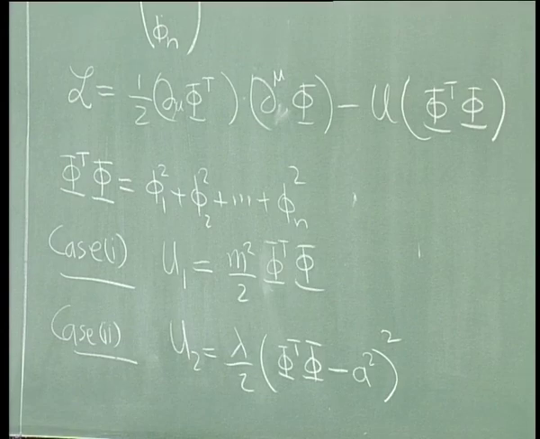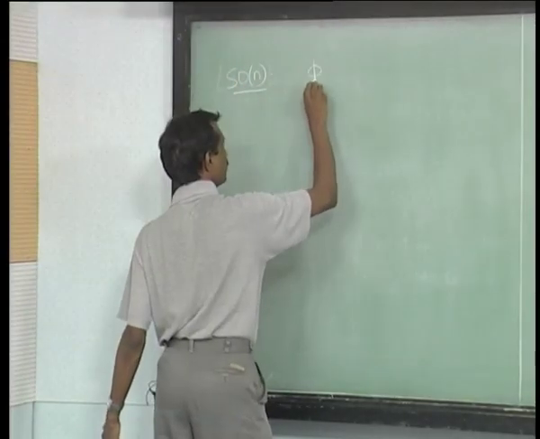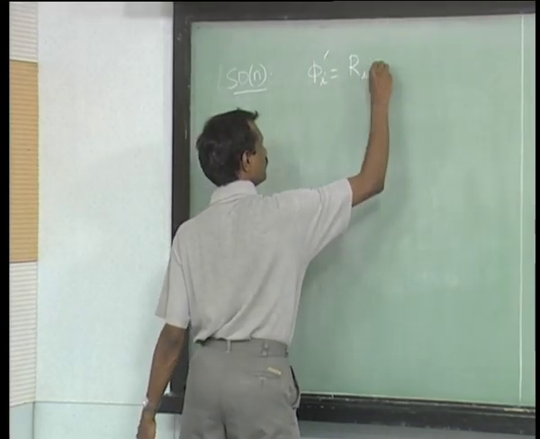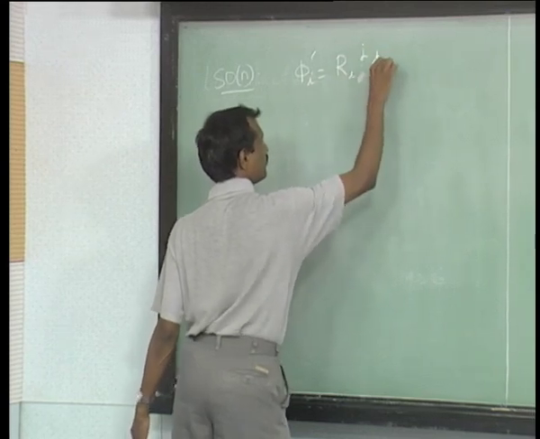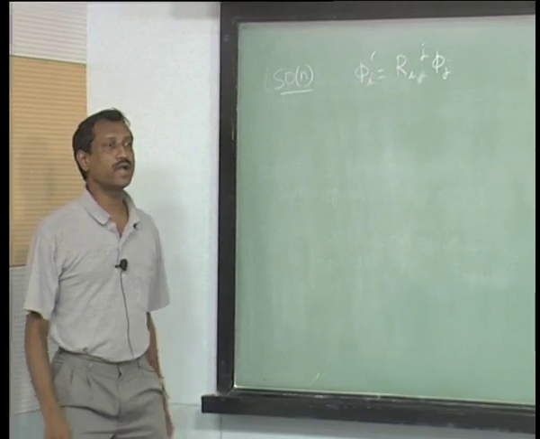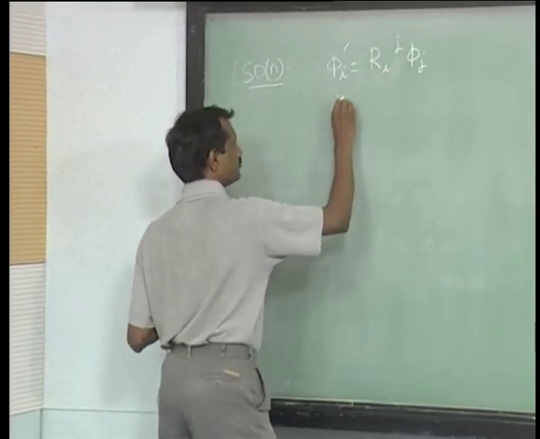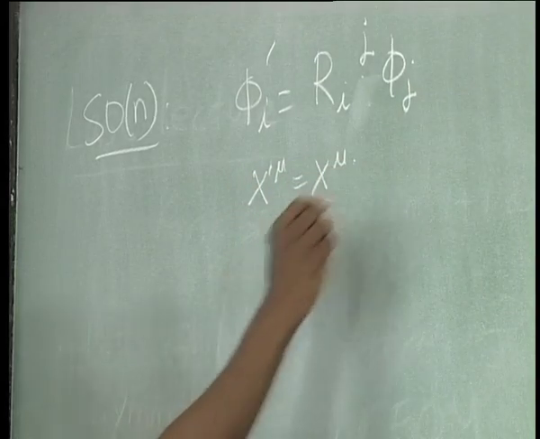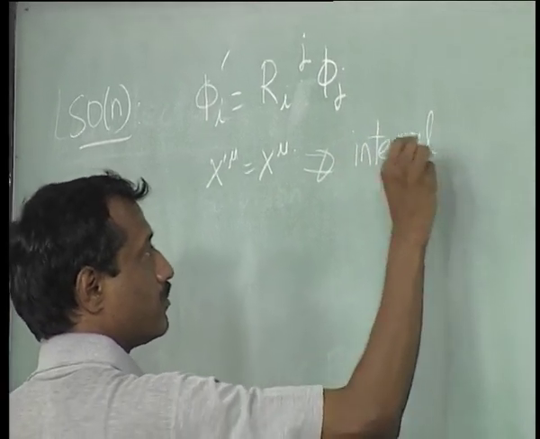SO(N) acts, let me be pedantic, like this on phi j, and it does not act on the space time coordinates. So it is an internal symmetry.